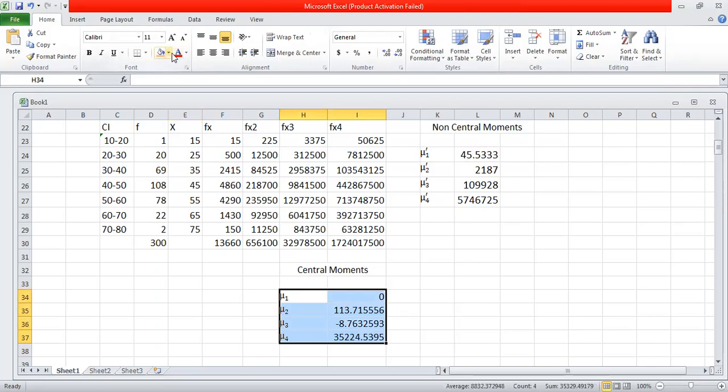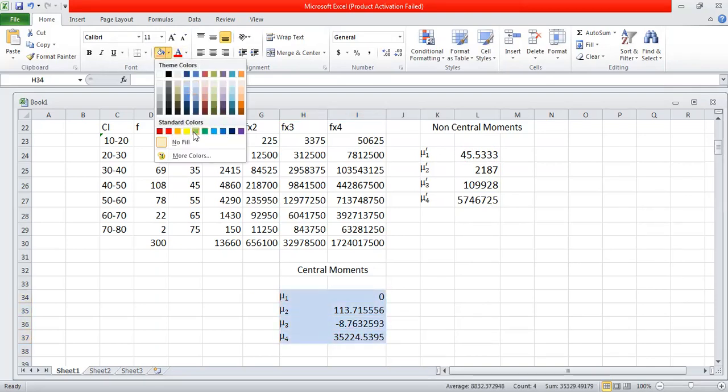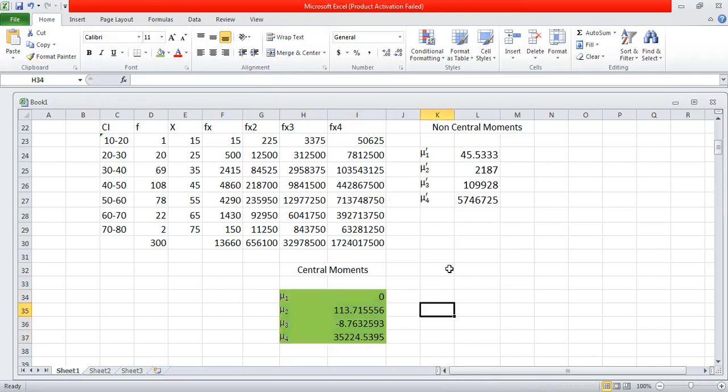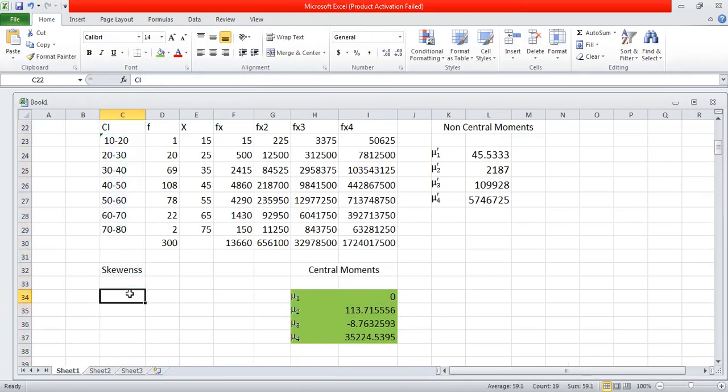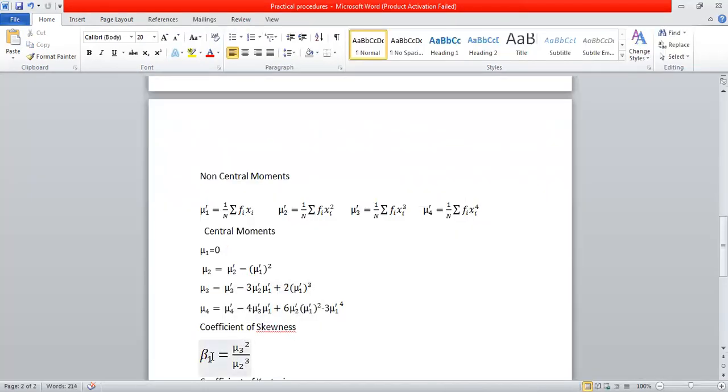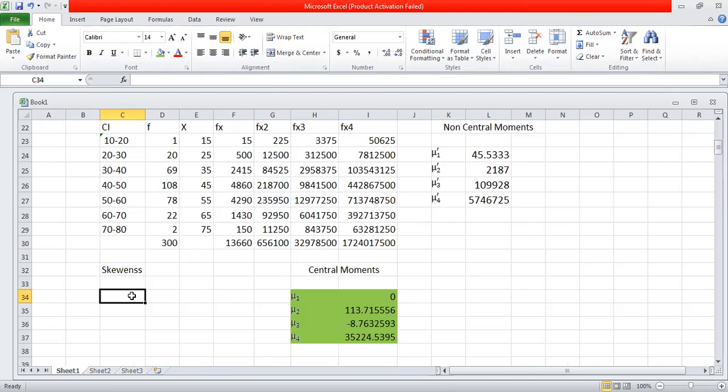By using these 4 central moments, we are going to calculate the coefficient of skewness and coefficient of kurtosis. First, skewness. What is the skewness formula? Beta 1 equals mu3 square by mu2 cube.